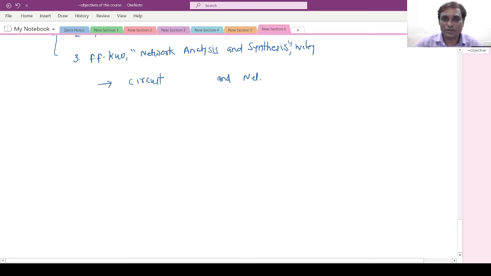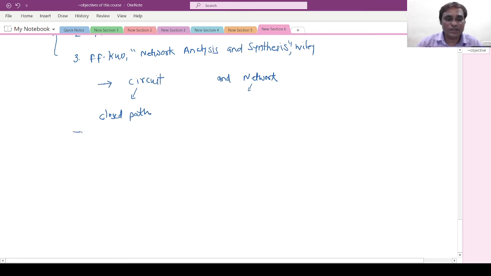What is the meaning of circuit and network? Basically, a circuit is like this: if I start from one point, go somewhere else and reach back to that point, that kind of thing is called a circuit. Whereas in a network, we start from somewhere, go somewhere, but not necessarily reach the same point. So basically a circuit is a closed path, whereas a network may consist of closed as well as open paths.